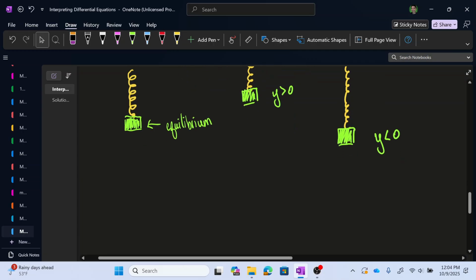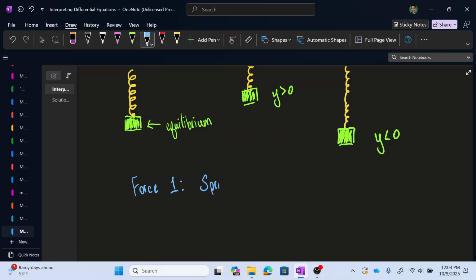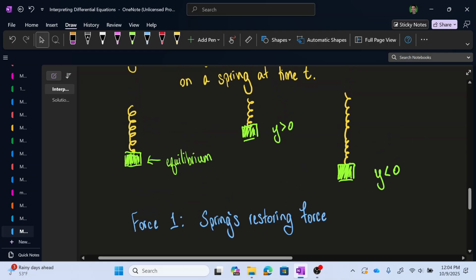That force that we experience from the spring is called the spring's restoring force. The spring's force trying to pull this object back into equilibrium position.